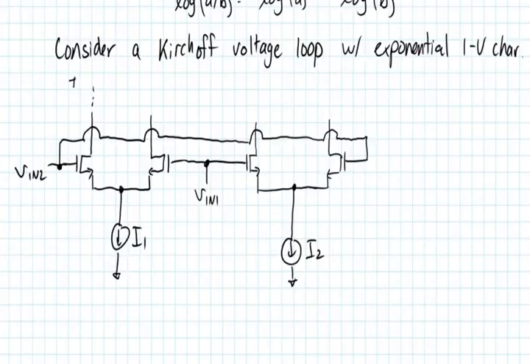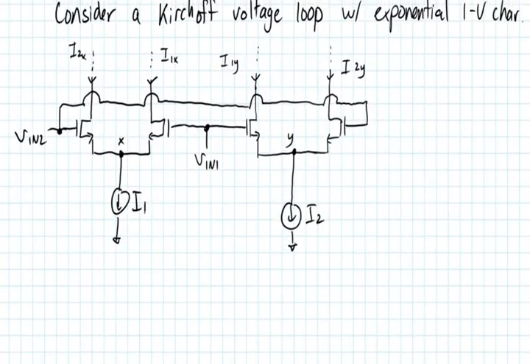We'll call this current I2x. We'll call this current I1x, and this is the current going in this direction here. And this current here, I1y, and this current is I2y. Okay, so I think we have all of our labels with the exception of nodes X and Y here, which should complete the description of the circuit.